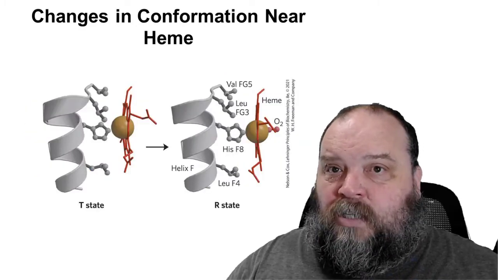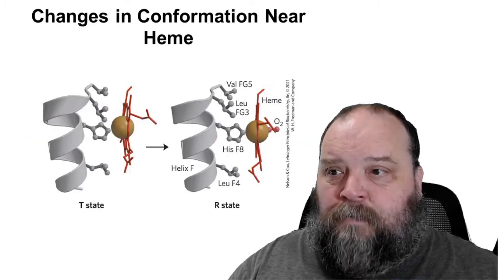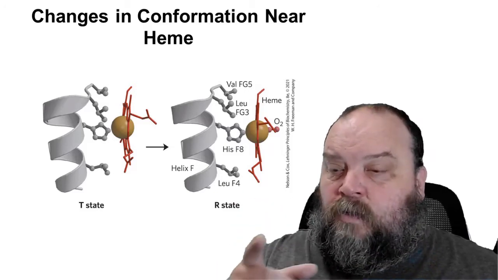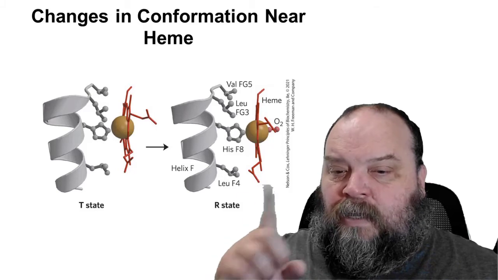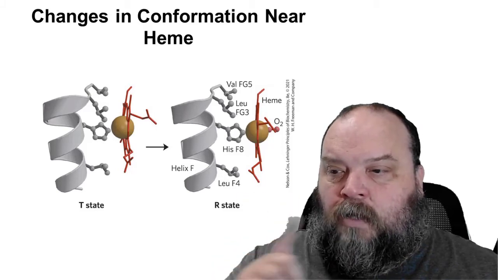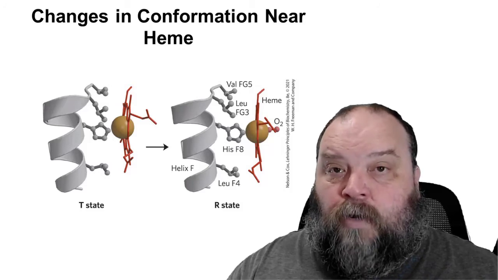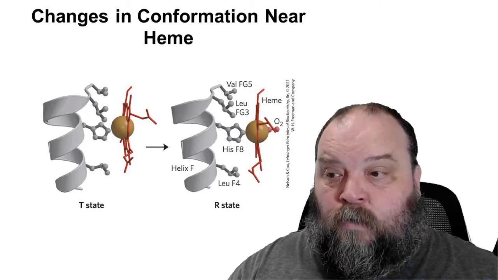And it's not just the tertiary structure of the polypeptide. You look at the individual subunits, the alpha and beta subunits, and you'll see that the heme ring, the porphyrin ring, also changes its conformational state due to the interaction with O2.